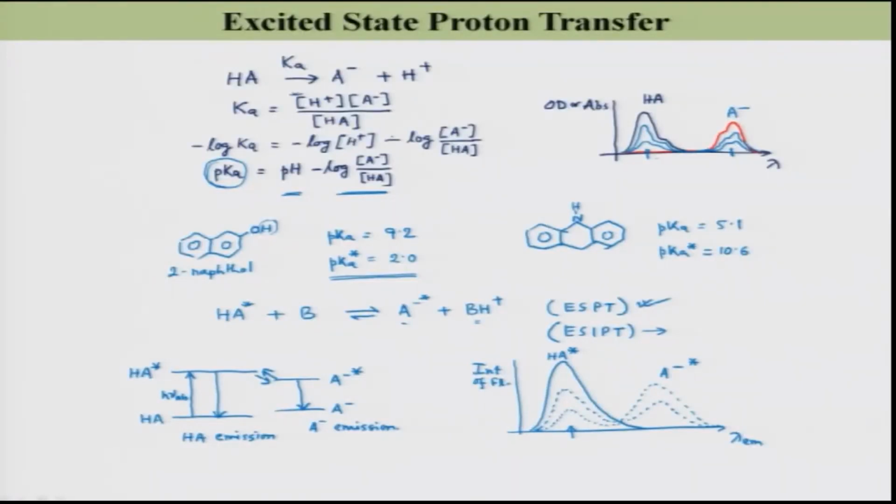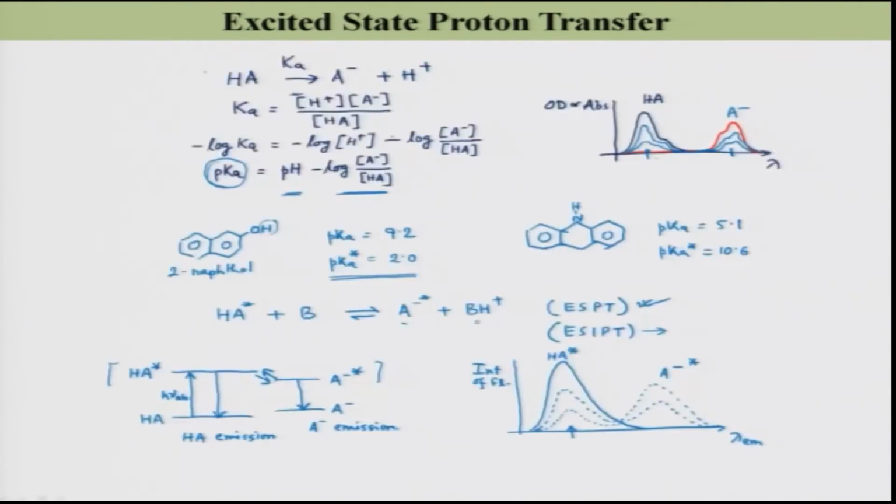So, if I just simply write this equilibrium, this part, let me write it. Here my equation is HA star converting to A minus star plus H plus, right. You see this equation and the ground state equation are very similar. Well, that one is in the ground state, but this is in the excited state.